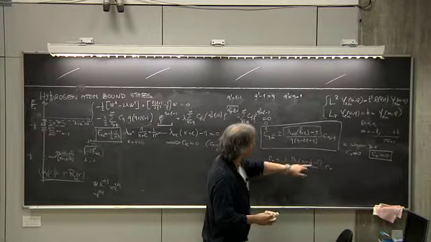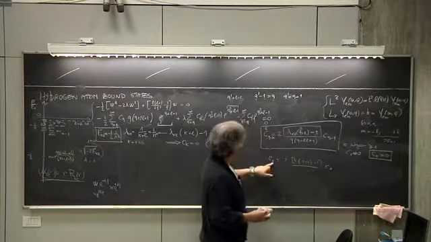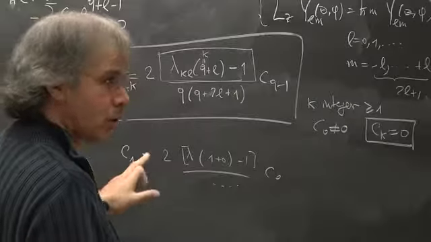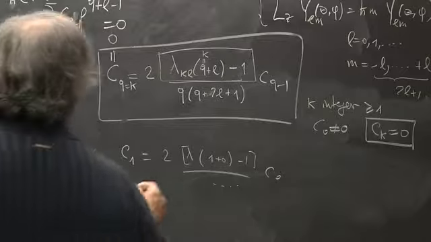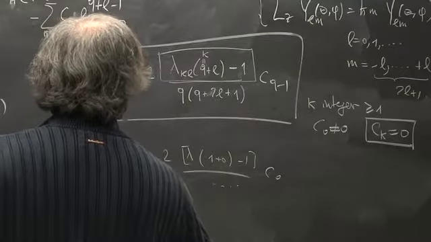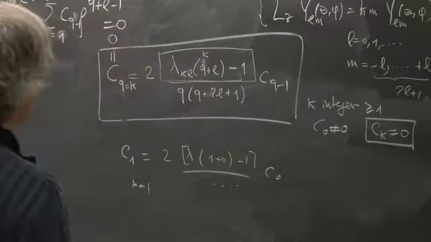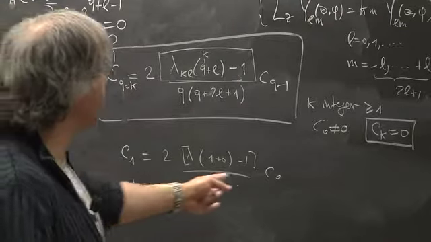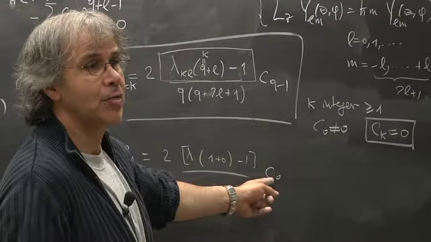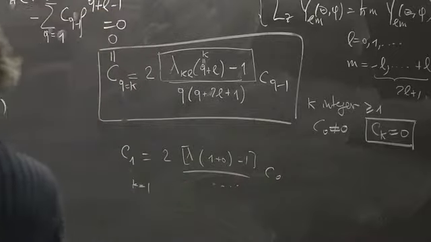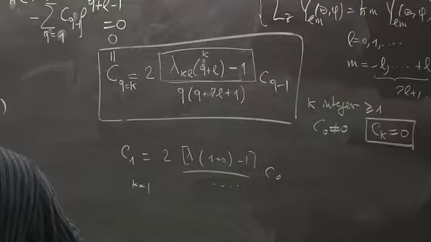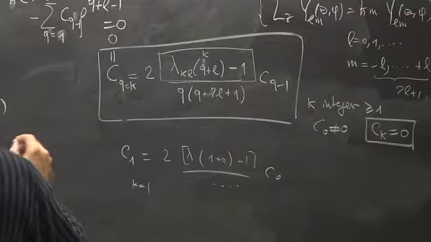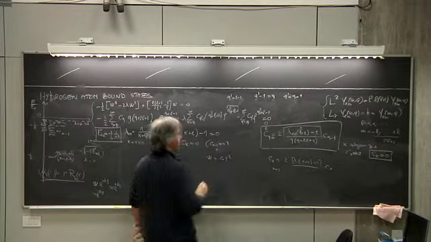And you see that this is lambda minus 1, so you have C1 equal to 0. Which is what you expect, because this is a solution with K equal 1. Means no first order term, only C0 is there, which means that W is equal to C0 rho L plus 1, so rho 1.